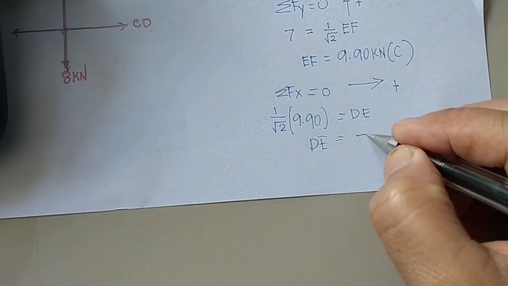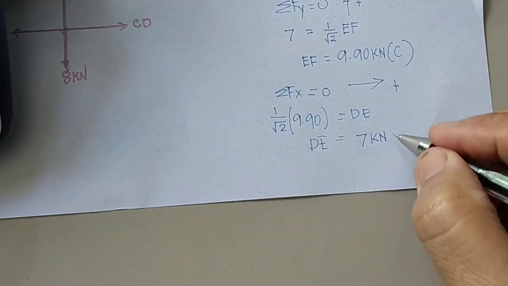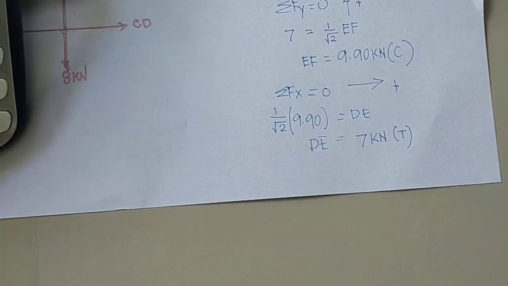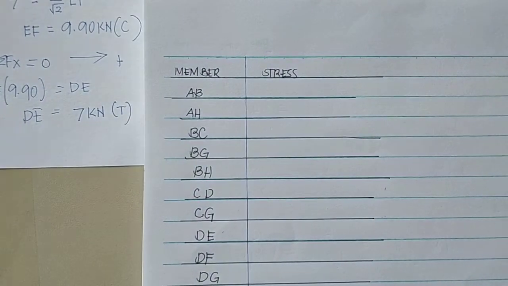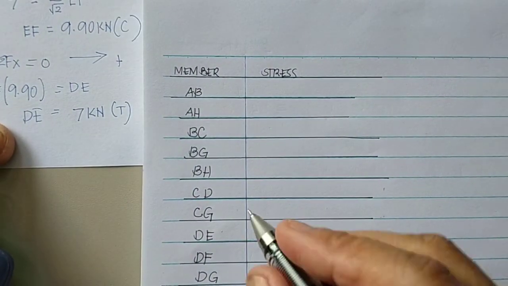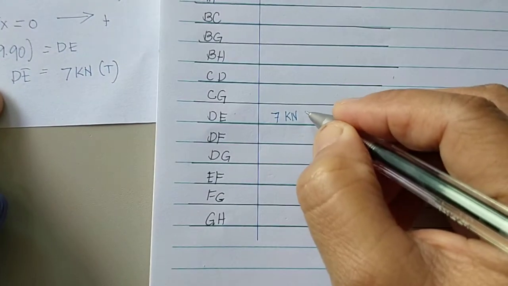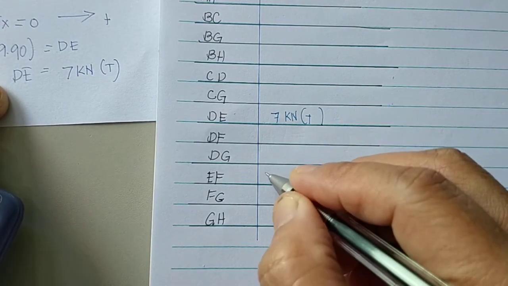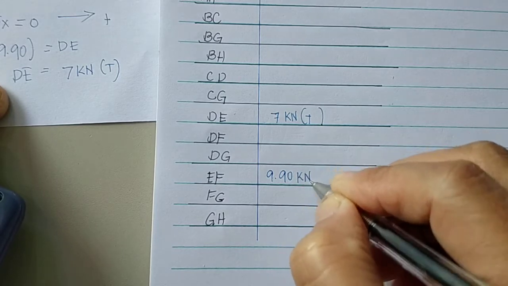This is 7 kilonewton tension. So put all the computed stresses in the matrix. Member DE is 7 kilonewton tension and EF is 9.90 kilonewton compression.